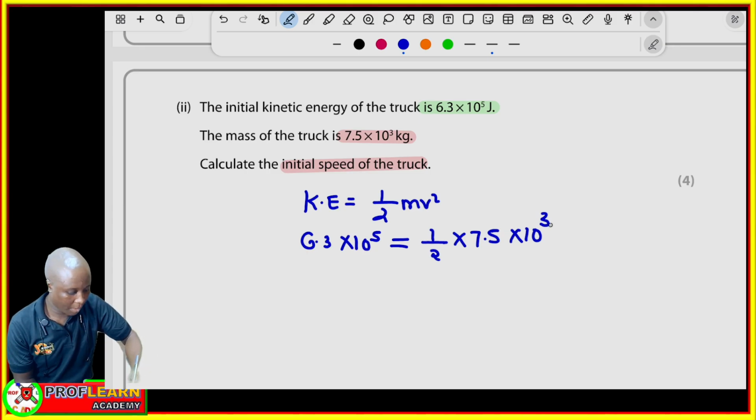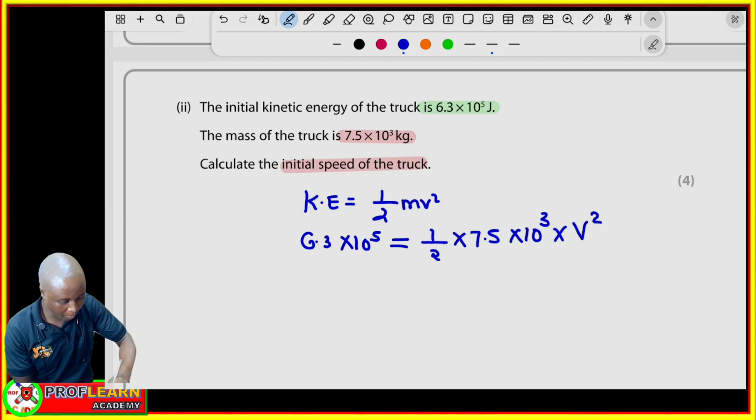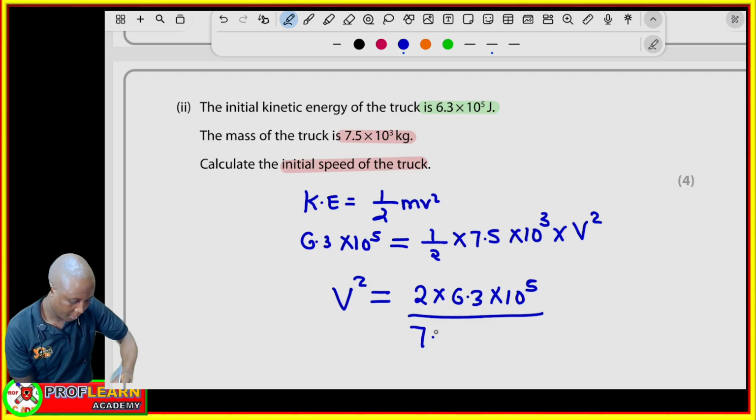We are asked to work out the speed, so I'm going to rearrange this formula to make v the subject: v squared equals 2 times 6.3 times 10 raised to power 5 divided by 7.5 times 10 raised to power 3.